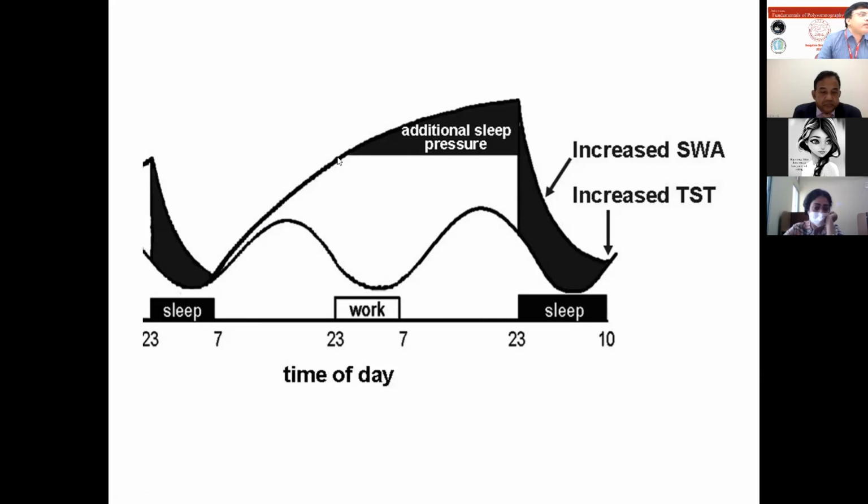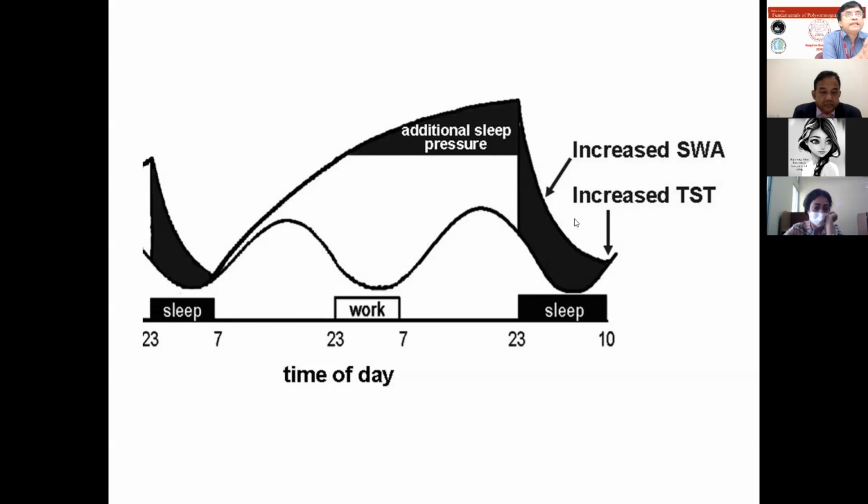If we are sleep restricted or sleep deprived, there is additional sleep pressure because we have missed sleep, and then there will be more slow wave sleep. So our slow wave activity, or deep sleep, is proportionate to the sleep pressure accumulated during the day.